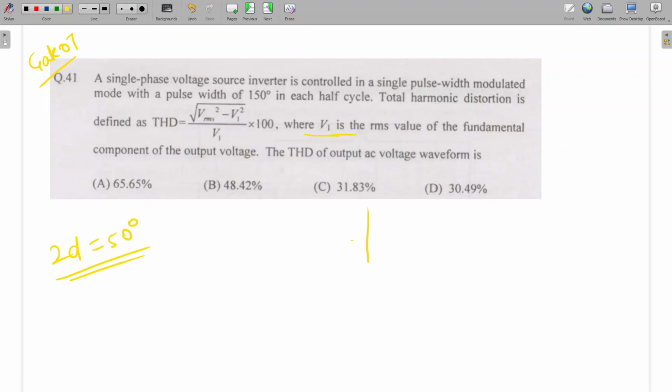So the waveform will be like this. This is 150, and here also it will be 150. So what will the actual RMS value be? Actual RMS will be Vs into 350 divided by 360. Is it clear?